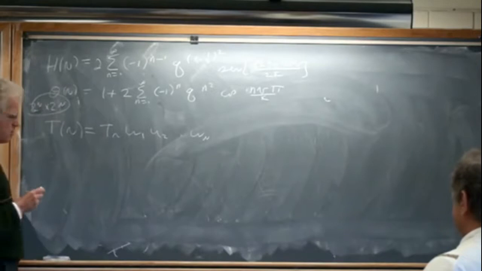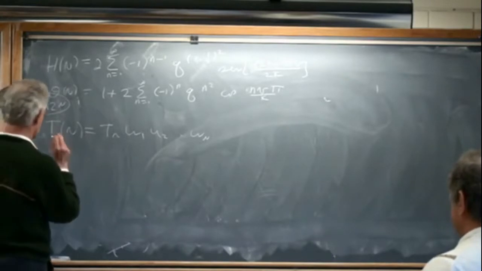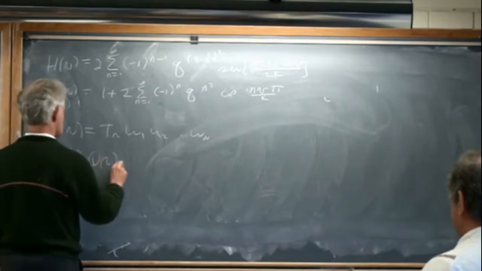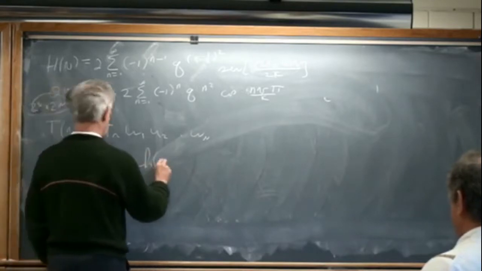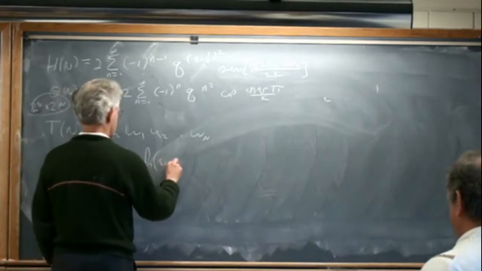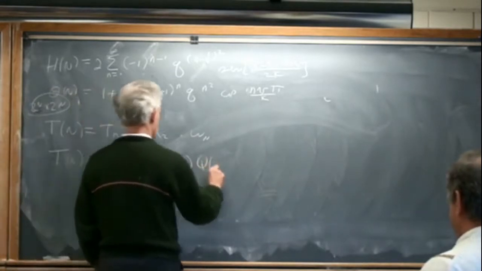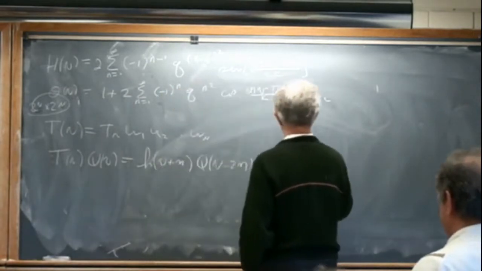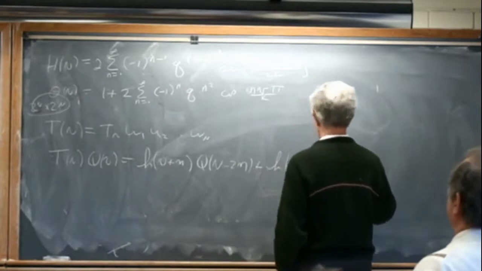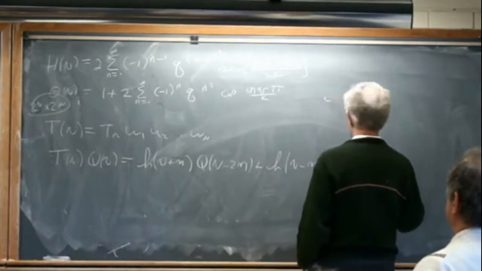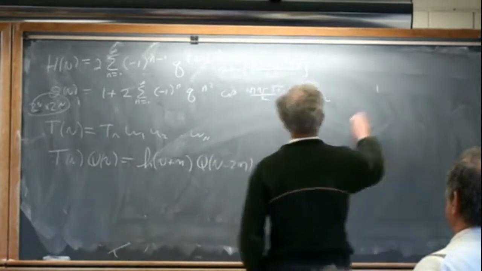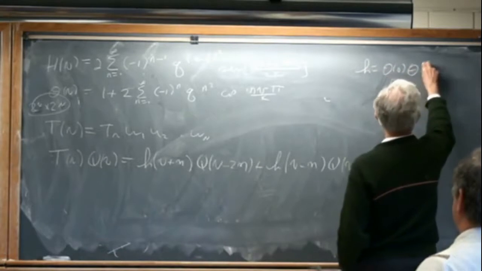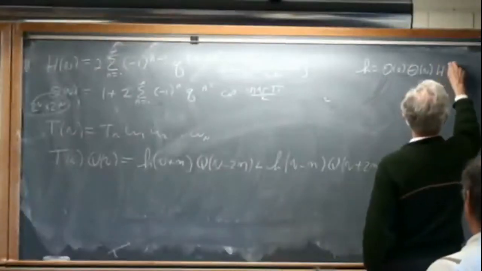Baxter introduces Q by discussing the famous TQ equation. Let's see if I can do it from memory. T(v) Q(v) equals some function, which we'll define in a moment, times Q(v + eta) Q(v - 2 eta) plus H(v - eta) Q(v + 2 eta), where this function H is some theta function.